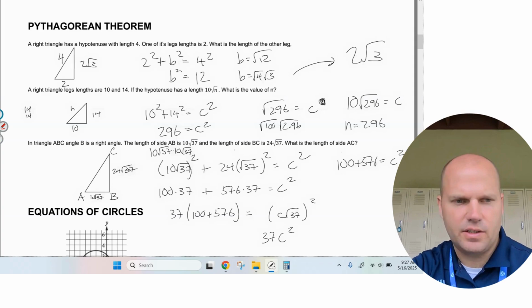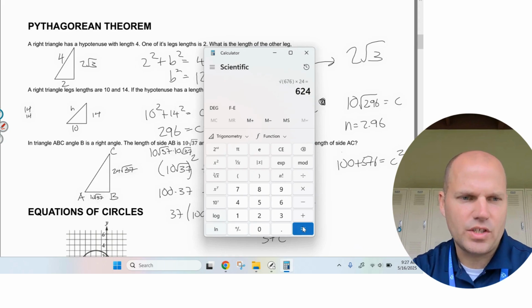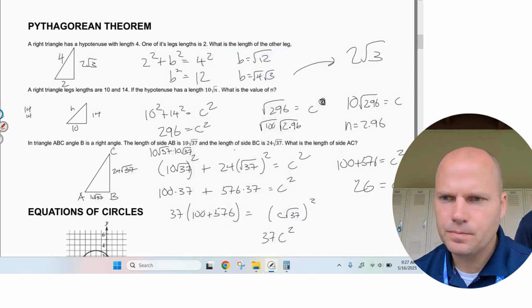So I need to take the square root of 676. That's 26. I think that's what they wanted us to do.